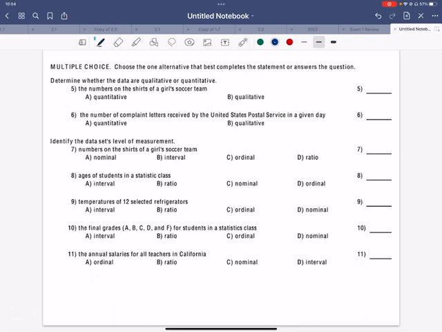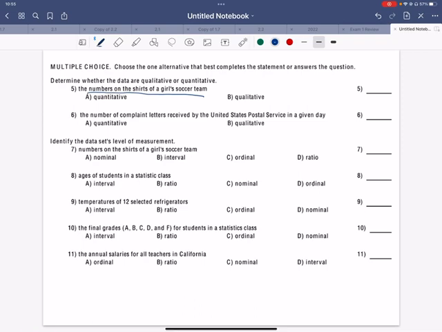Number 5, numbers on t-shirts of a girls soccer team. We went over when numbers can be labels, like the t-shirt number, ID number, social security number, phone number, student ID number.